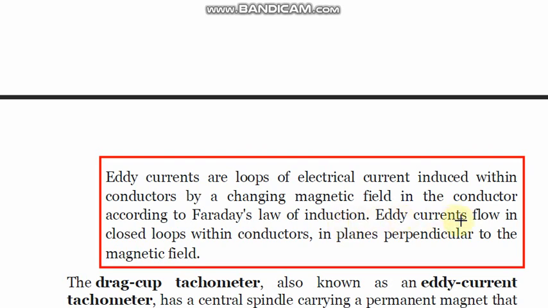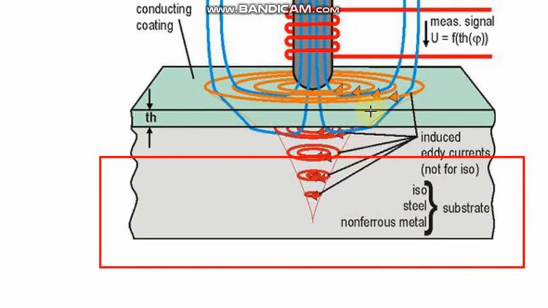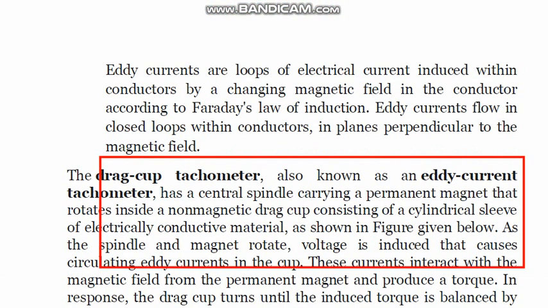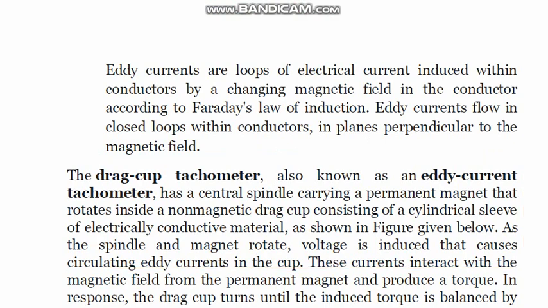Eddy currents flow in closed loops within conductors in planes perpendicular to the magnetic field. In the diagram, the magnetic flux lines are perpendicular to the circulating lines.